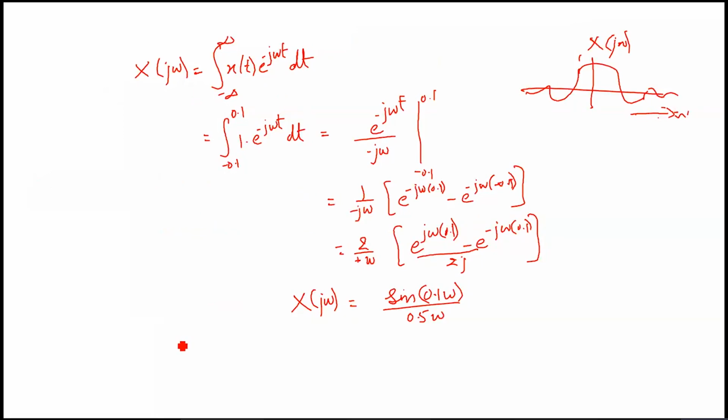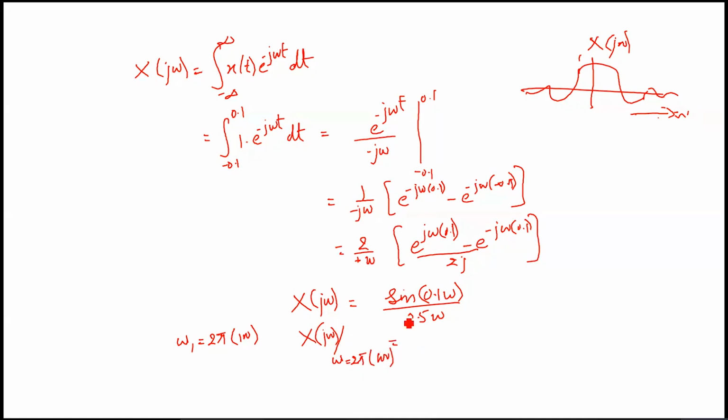So for 100 Hertz, ω1 comes out to be 2π into 100. So what is your X(jω) at ω equal to 2π100?